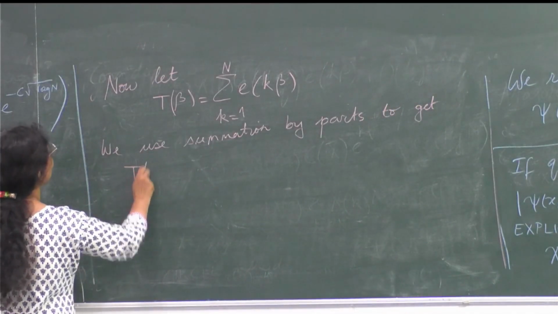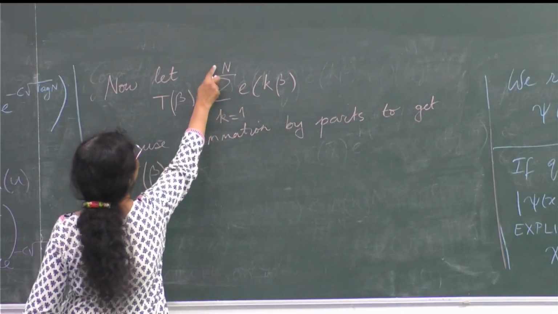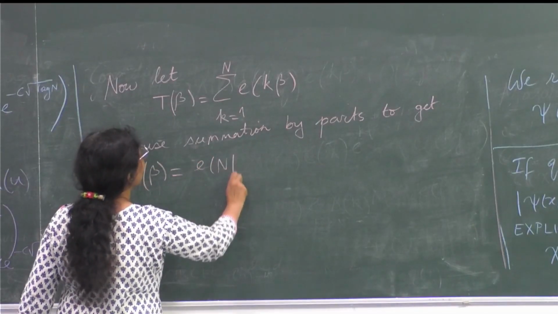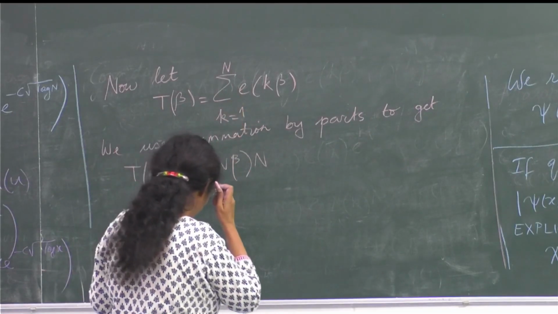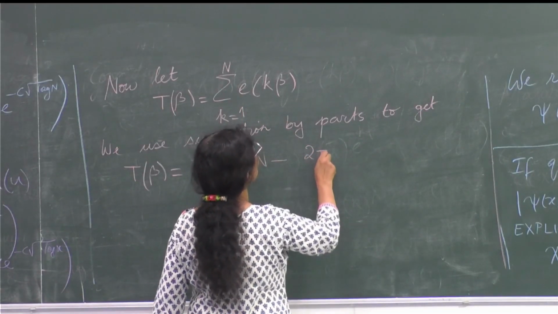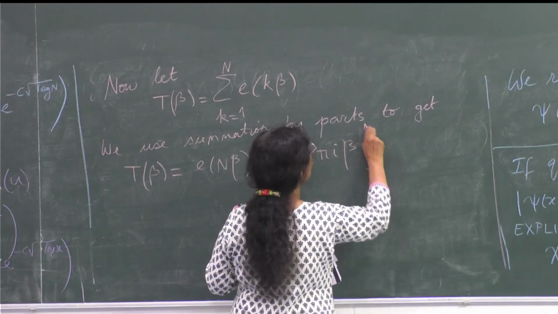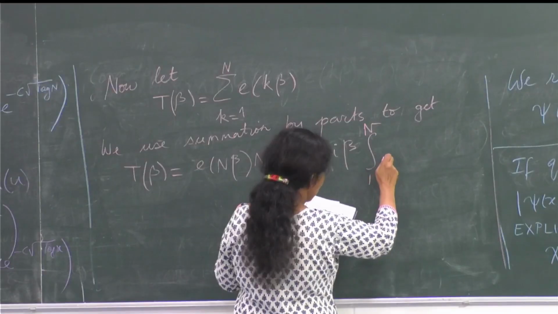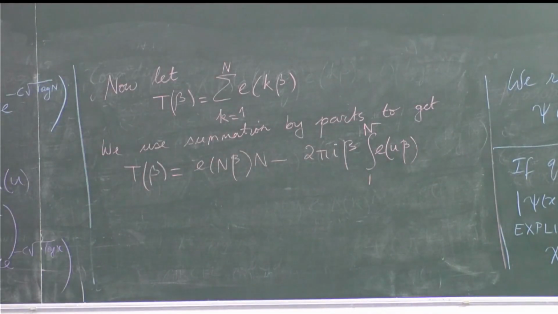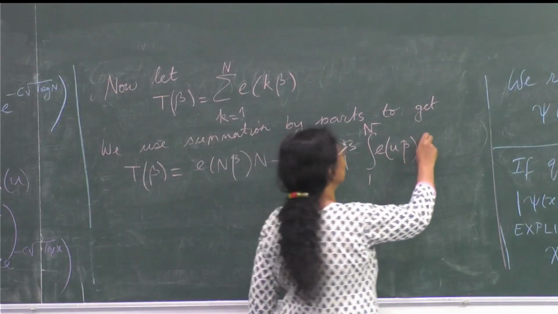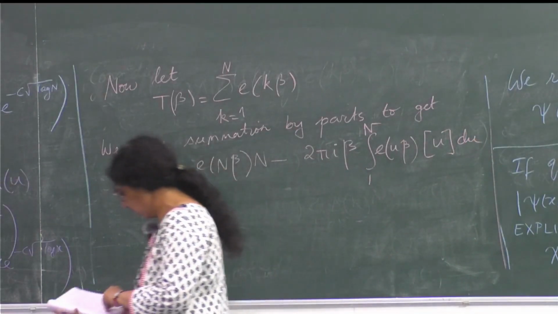T beta is equal to, so exponential, the big term is n, beta, get an n for that, and minus 2 pi i beta integral from 1 to n of exponential u beta, and then this one comes back here, du.